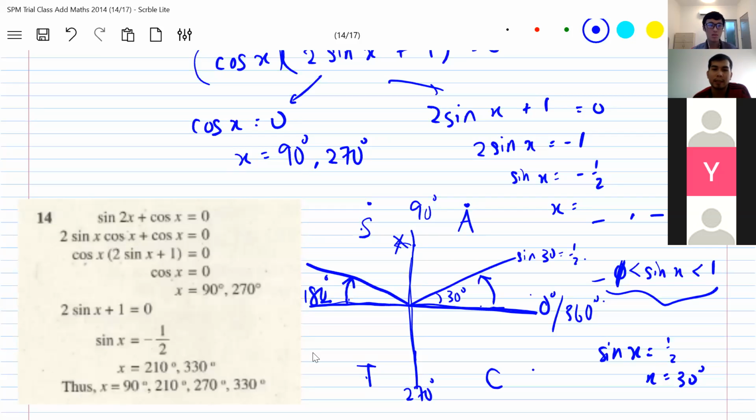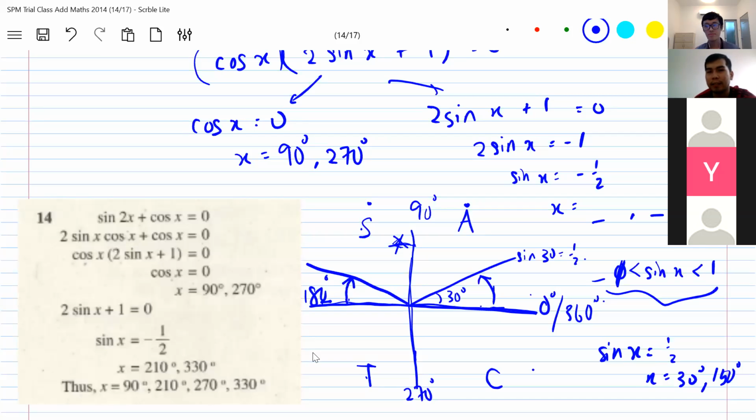So it's 180 minus 30. So arc sine of half is actually 30 and 150 degrees. There are two answers to that. Okay, this is something to remember. I'll repeat that. You have to add 30 from the horizontal line on the right, and on the left side you have to minus 30 from 180. It's like a butterfly. You cannot add 30 here and add 30 here. That's wrong. So add 30 here and minus 30 here.